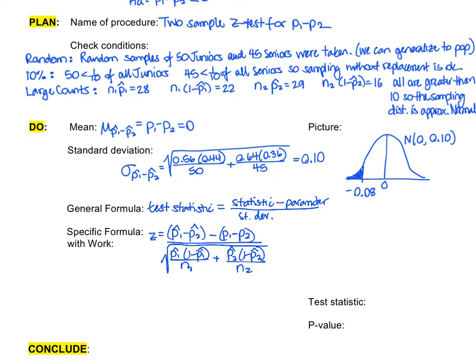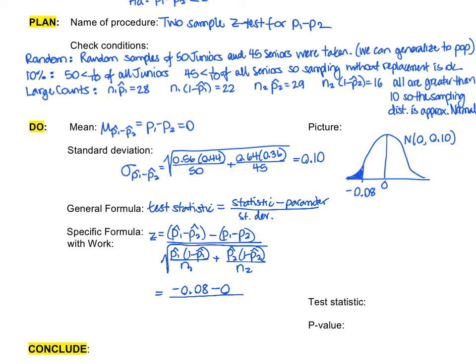But we have made kind of a fundamental shift in our thinking when we're running a hypothesis test. So let's take a look at that in a minute. What we're going to do is we're just going to plug in real quick, and our p1 hat minus p2 hat is that negative 0.08 minus the p1 minus p2, which is 0. That's what's in our null hypothesis.